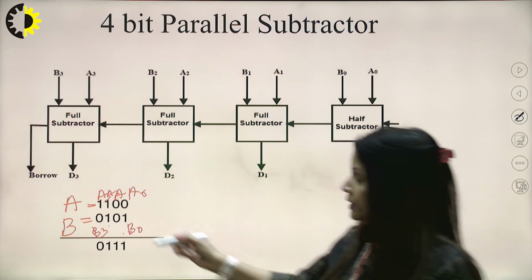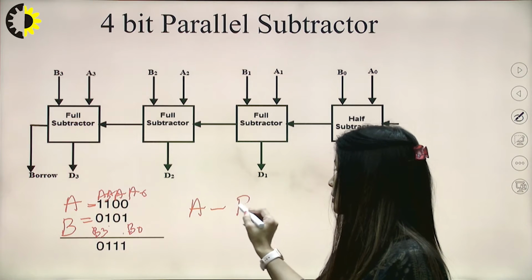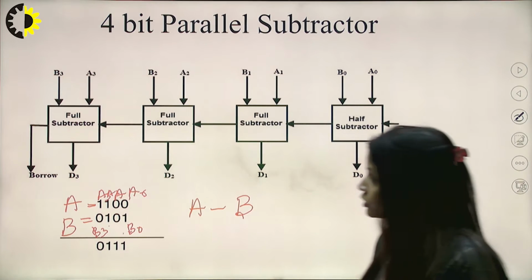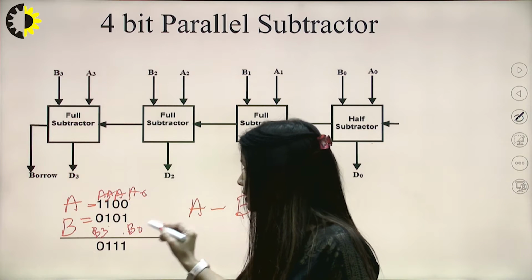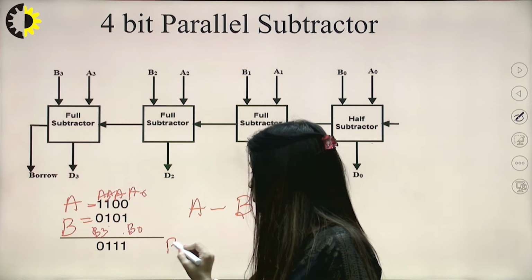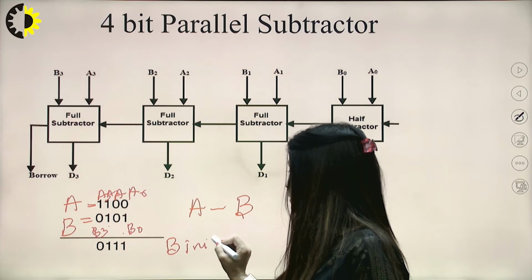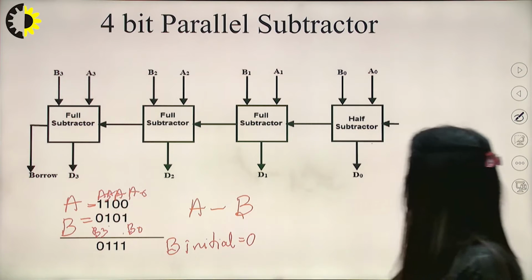While I am subtracting B from A, the operation is A minus B. So A0 minus B0. Starting, there is no borrow. Borrow initial is equal to 0.